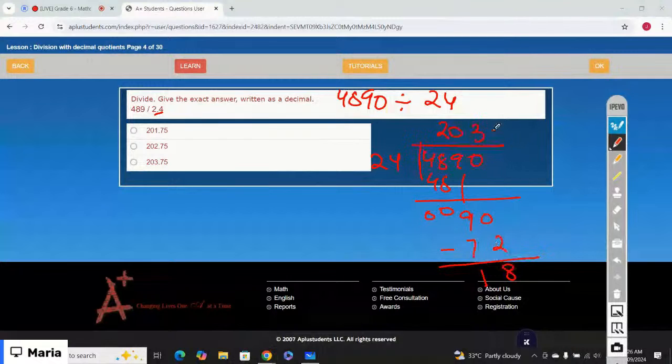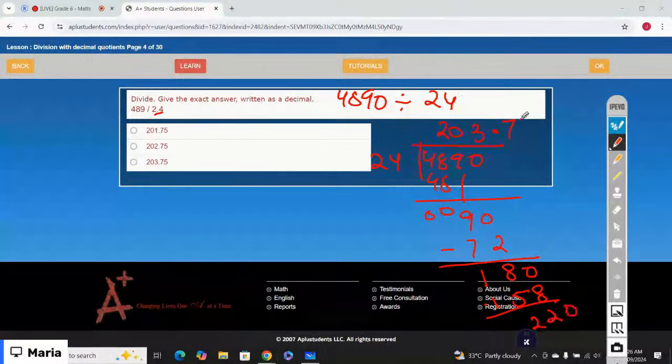You need to put a decimal point over here and 0 over here. Now you can go for 24 times 7. That is 7 times 4 is 28. 7 times 2 is 14 and 1, 15. So that is 2 and 2, 22. You need to add a 0.